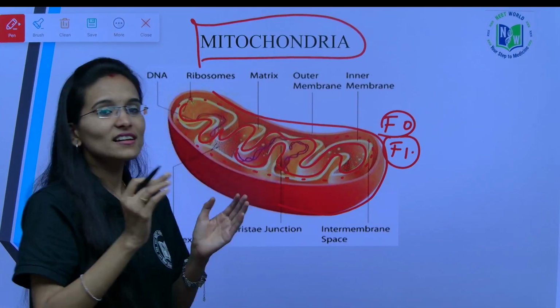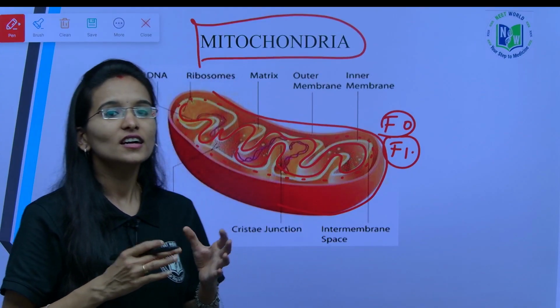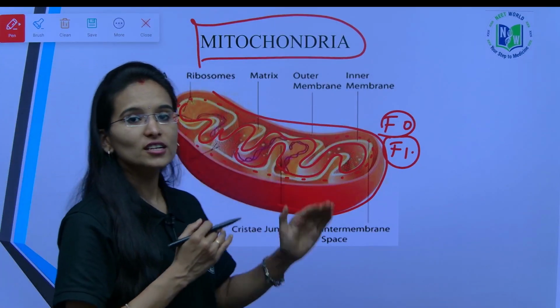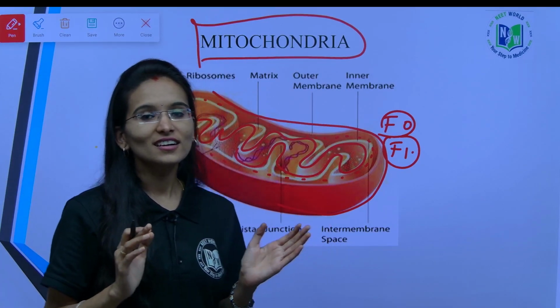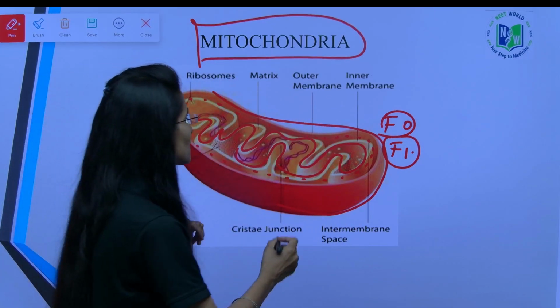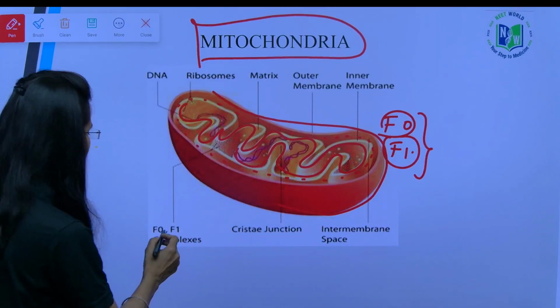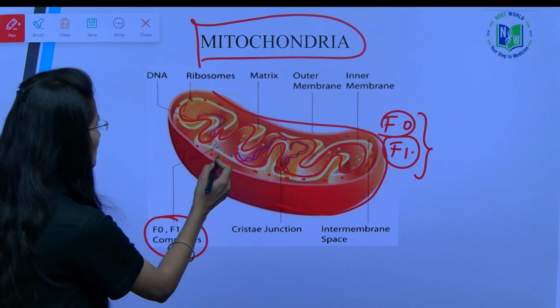And same as the chloroplast, which has its own genetic material in the form of circular DNA, the mitochondria also has circular DNA. Clear with the concept? Just a small concept here, you need to remember these F0 and F1 elementary particles. Yes. F0, F1 complexes.